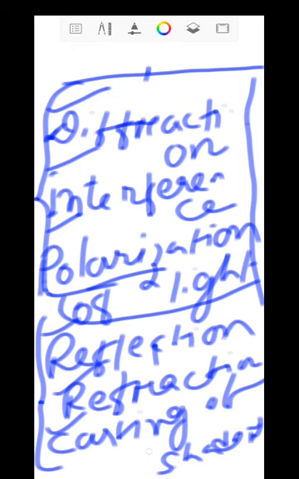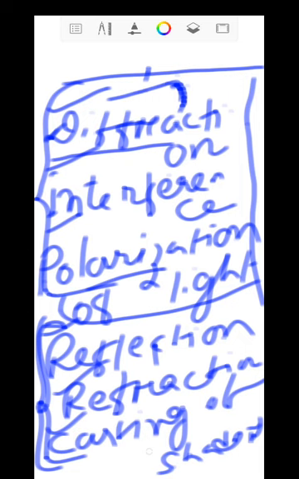According to the particle theory of light, light travels in a straight line. But we can see the difference here. Suppose diffraction. What happens in diffraction? The light rays bend when they go around the corner of a tiny object. Suppose a tiny object is there and a light ray is going past the object. It will bend around the corner of the object.